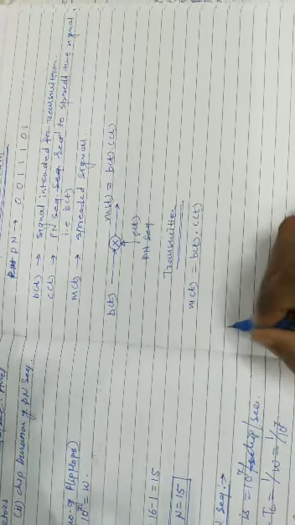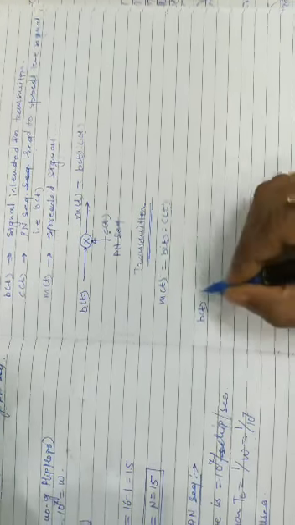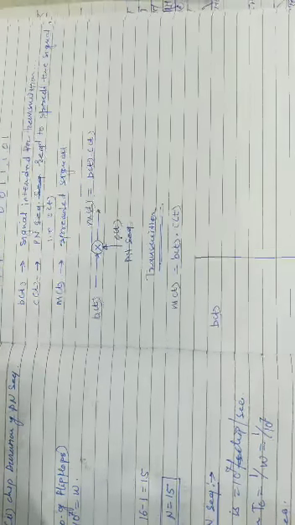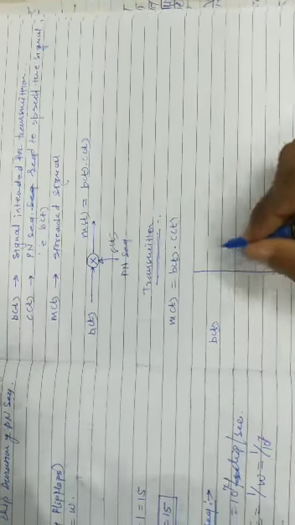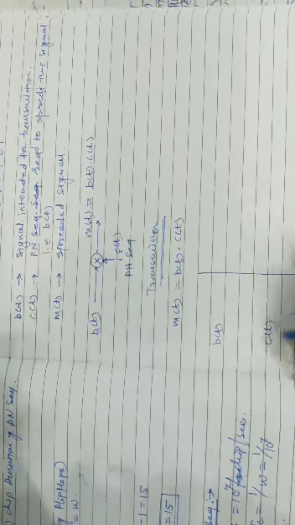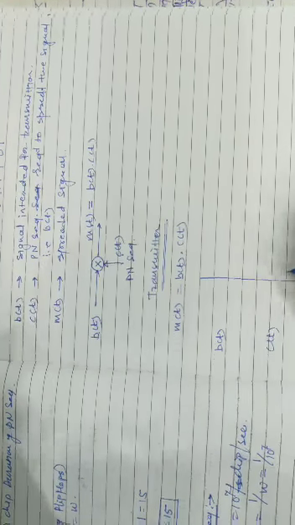Now we will draw the corresponding waveforms. First of all, we draw C of t like this.